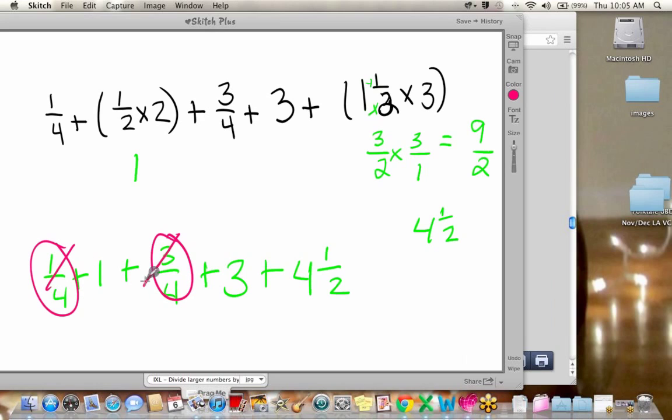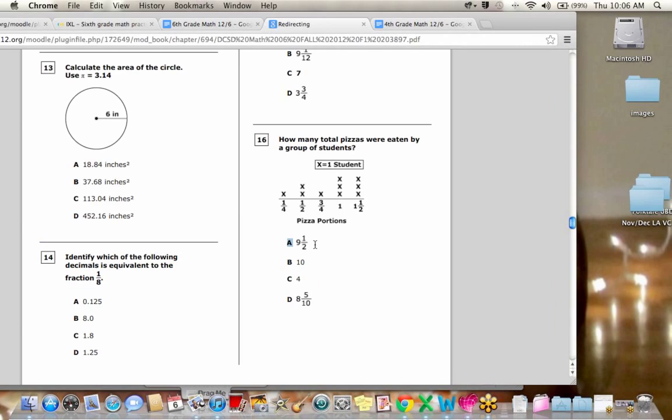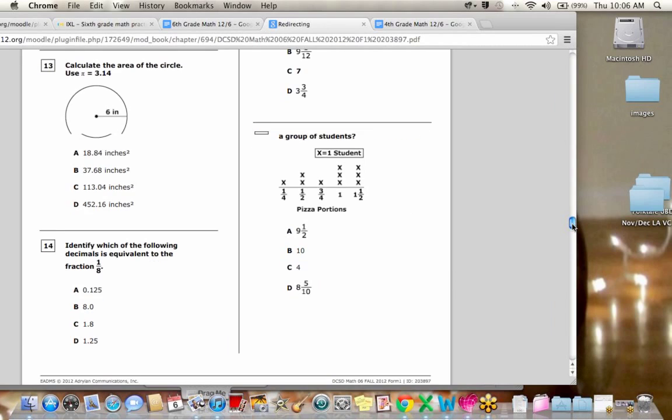So I have 1 plus 1 plus 3 plus 4.5. What's 1 plus 1 plus 3? Yeah, 5. So now I have 5 plus 4.5. That just equals a simple 9.5. So let's go find that answer. 9.5 pizzas. Okay. All right, moving on.